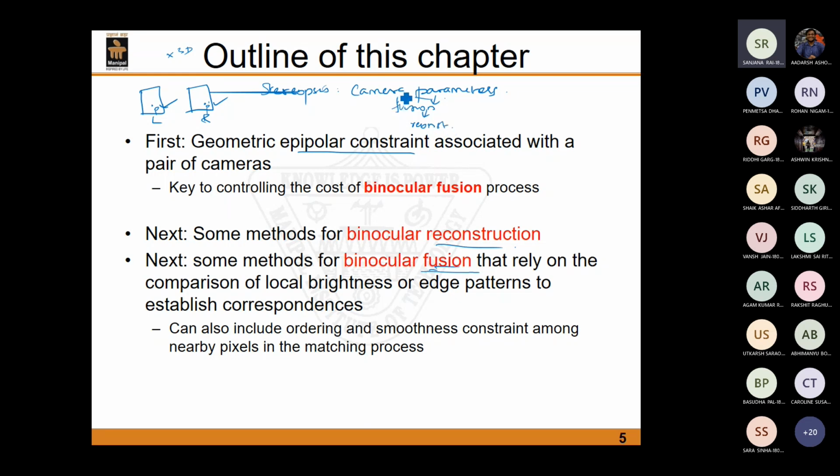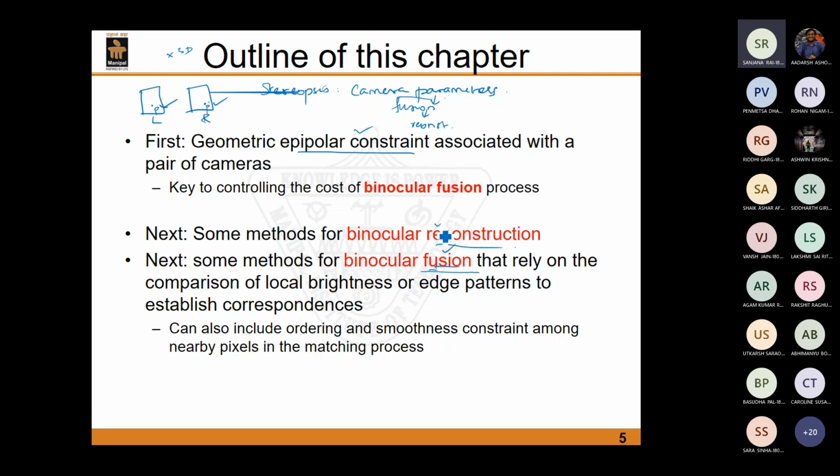Even though this is the way by which we go ahead with reconstruction using the stereopsis method, while we are discussing this topic, we'll first discuss what the epipolar constraint is, then we will discuss how the reconstruction is done, and after that we will see how the fusion is done.